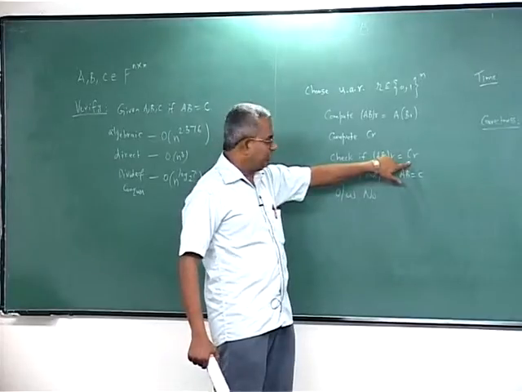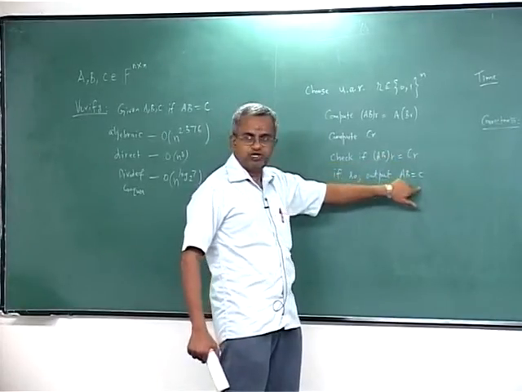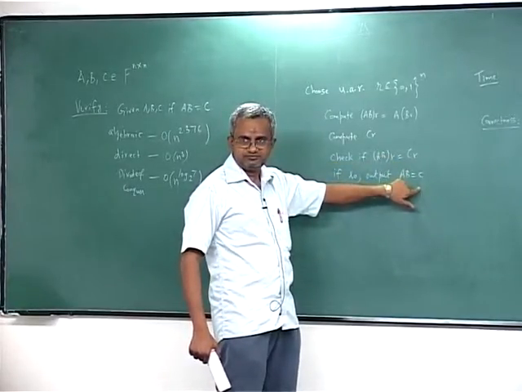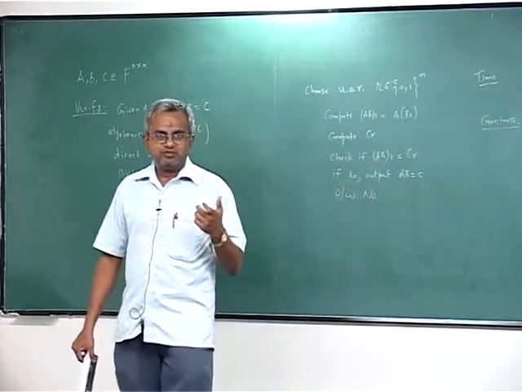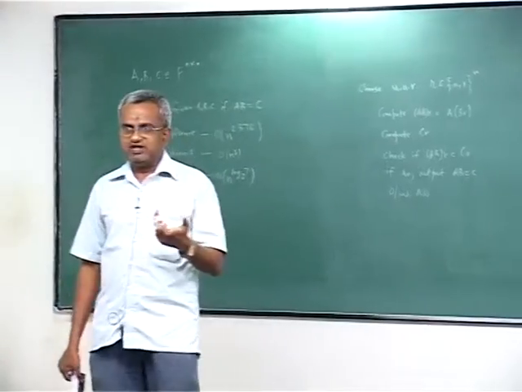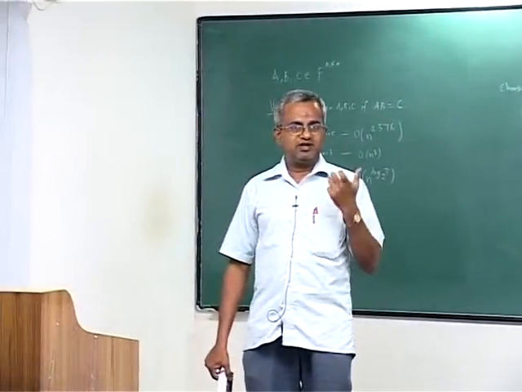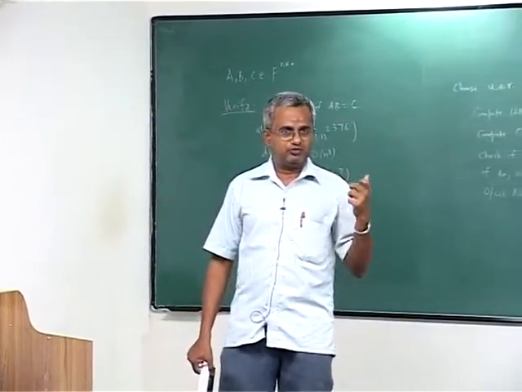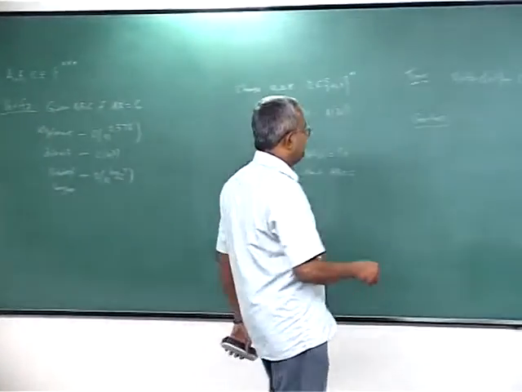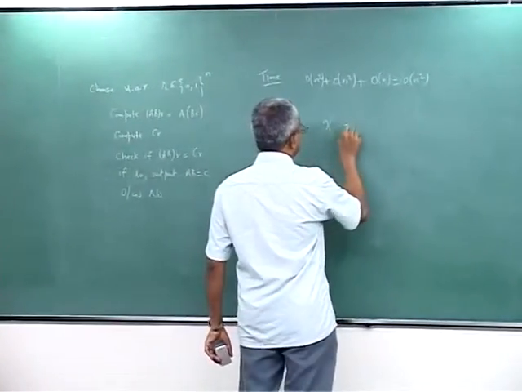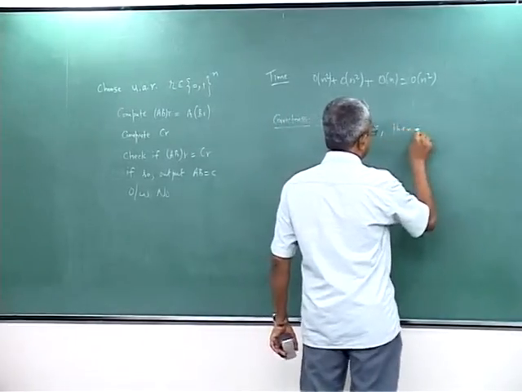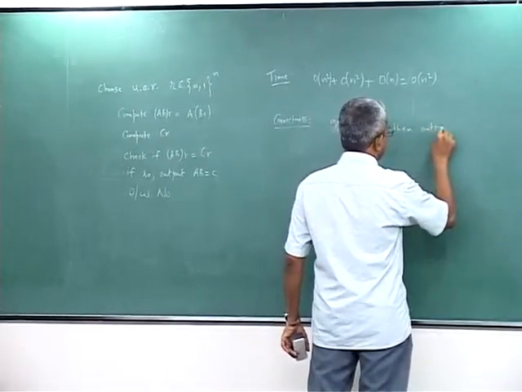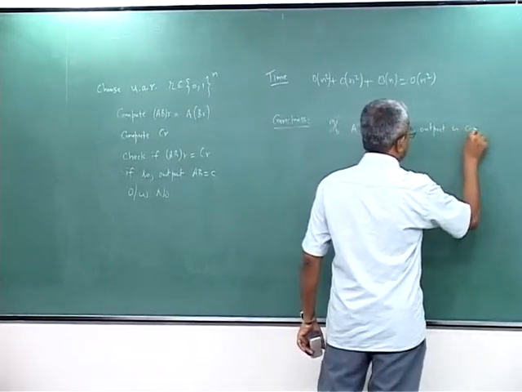Since these two are equal, you will output AB equals C. So, in the scenario that the product of A and B equals C, your answer will always be correct. There is no doubt about that. So, if AB equals C, then the output is correct.